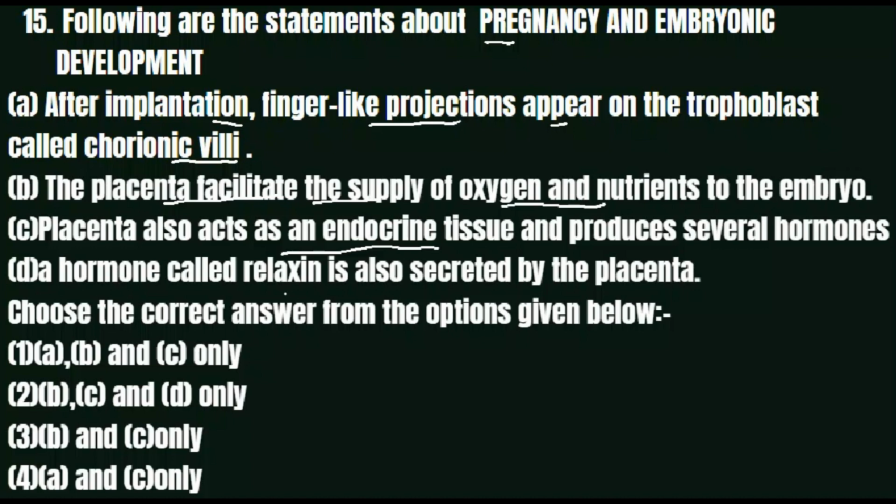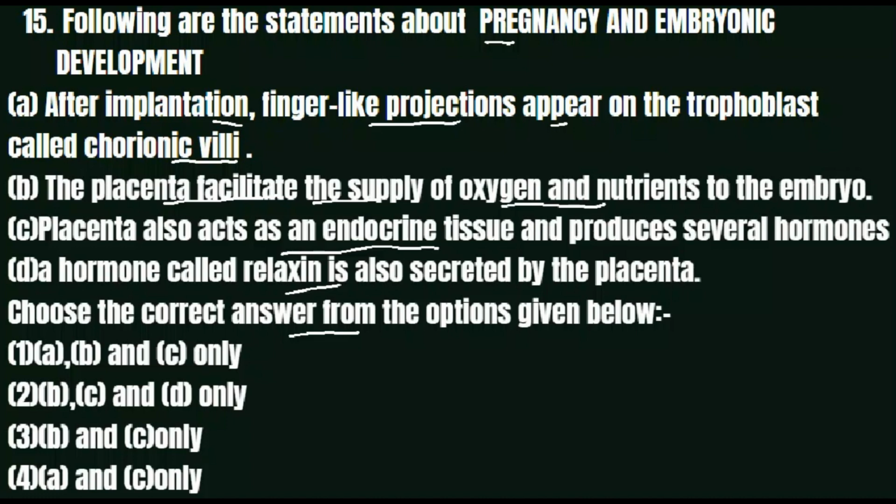Statement D says, a hormone called relaxin is also secreted by the placenta. Now we have to choose the correct answer from the options given below. Option 1 says, statements A, B and C only, option 2 says B, C and D only, option 3 says B and C only, option 4 says A and C only.